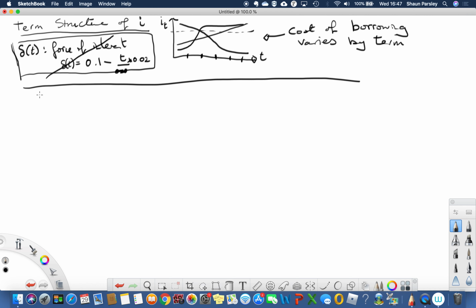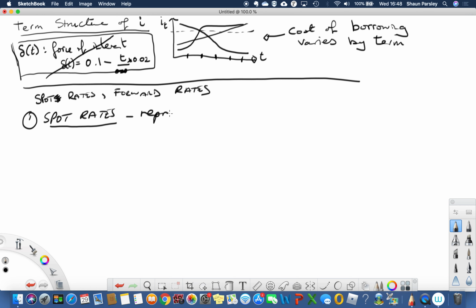So the two main aspects of this module, or this chapter of the course, is spot rates and forward rates. So spot rates, here we go. So what are these?